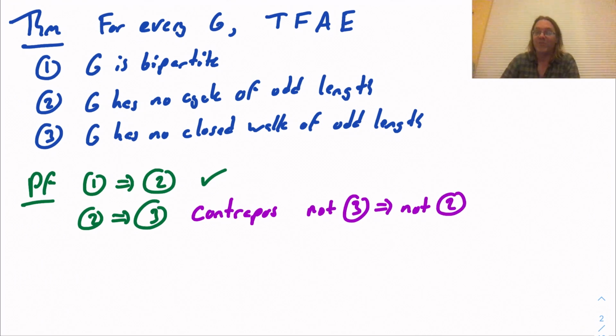But again, this is so much nicer. So now what's not 3 means there exists a closed walk of odd length. Not 2 means there exists a cycle of odd length. So now we're trying to prove that if I give you a graph that has a closed walk of odd length, then it has a cycle of odd length, right?